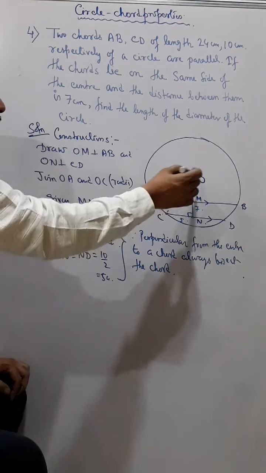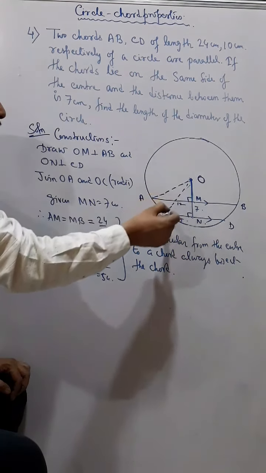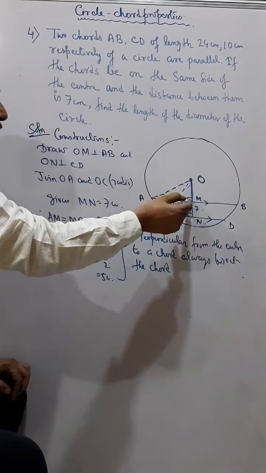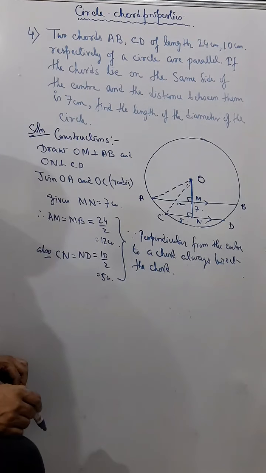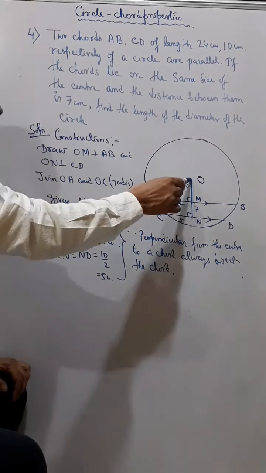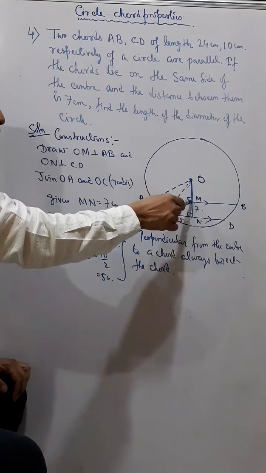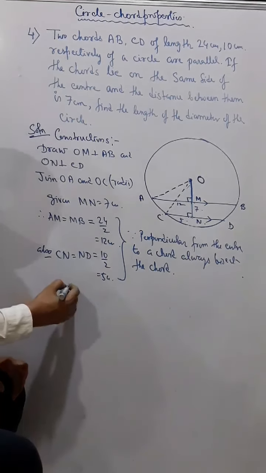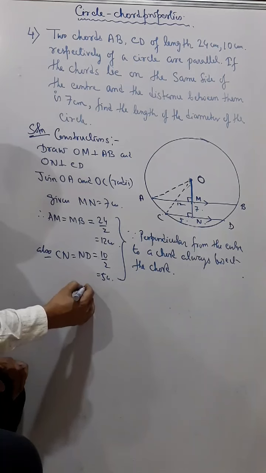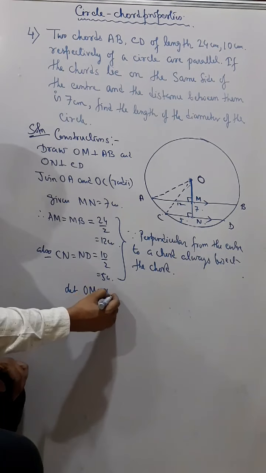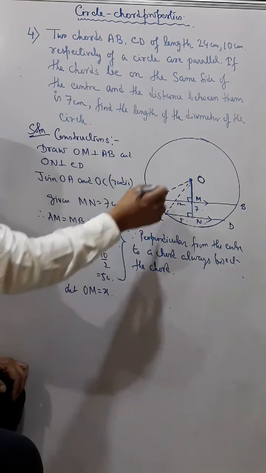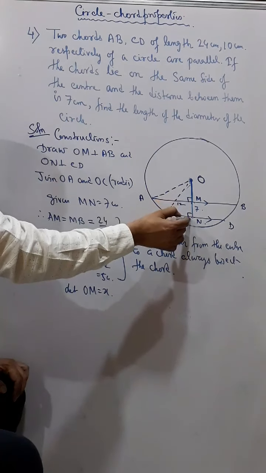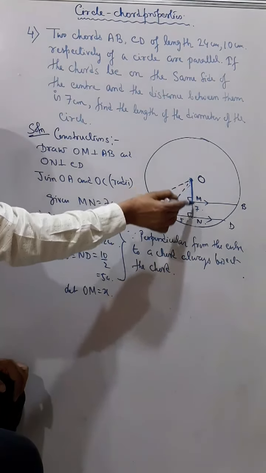Now what we'll do, we can get OC square. Now if I take OM as x, then just try to understand, if I take OM as x, then we can say that ON is x plus 7.